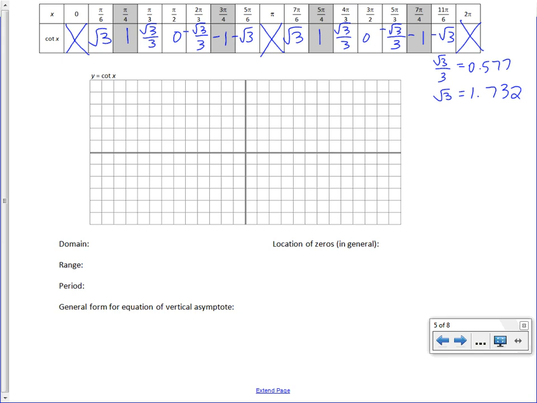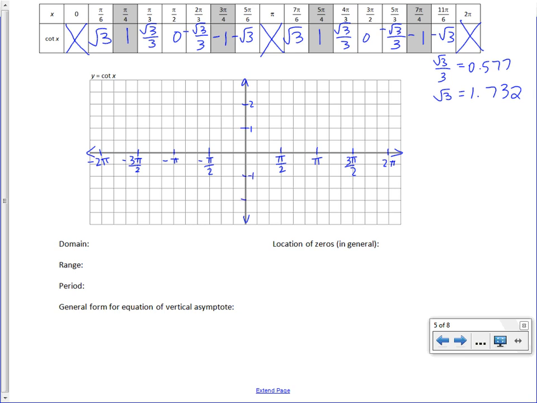We're going to use the same scale for the horizontal. So we've got every 3 squares pi over 2. And we'll stick with our 1, 2, 3 scale.